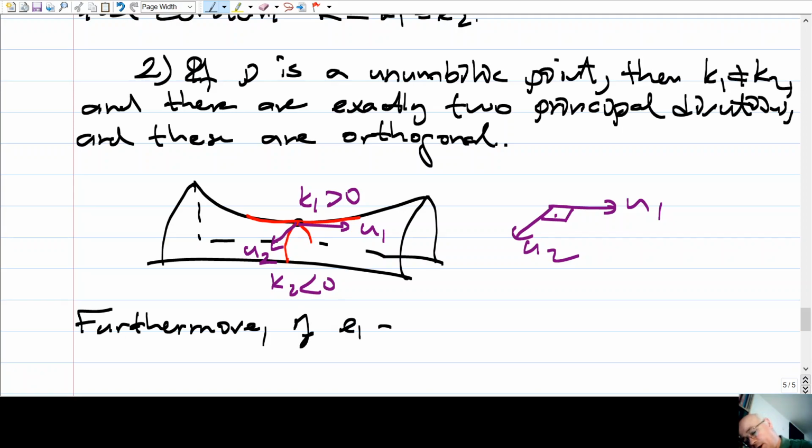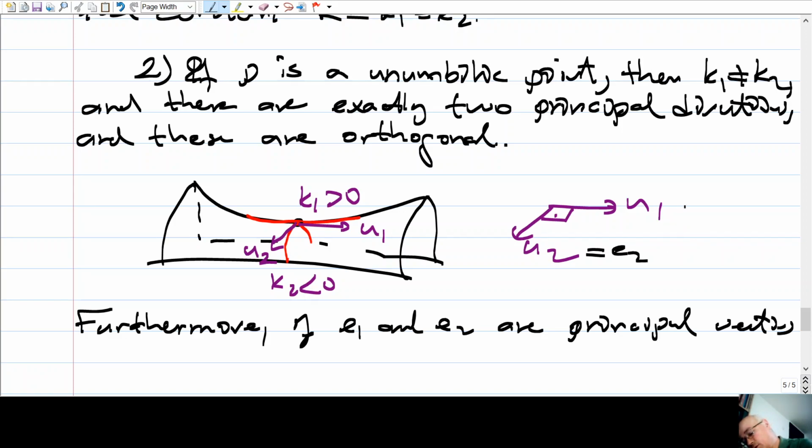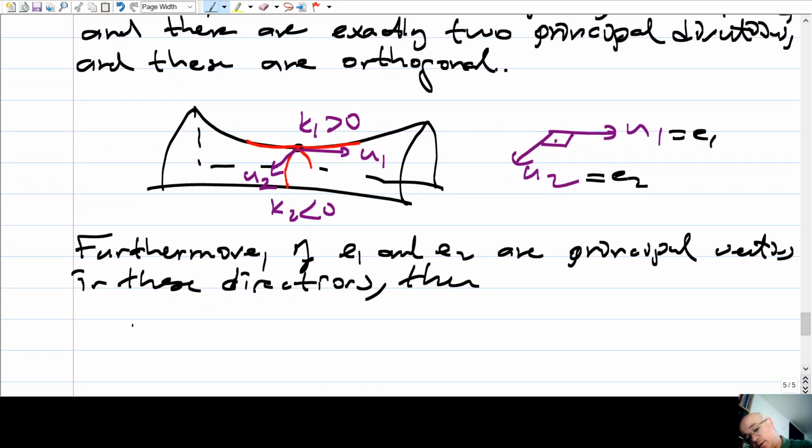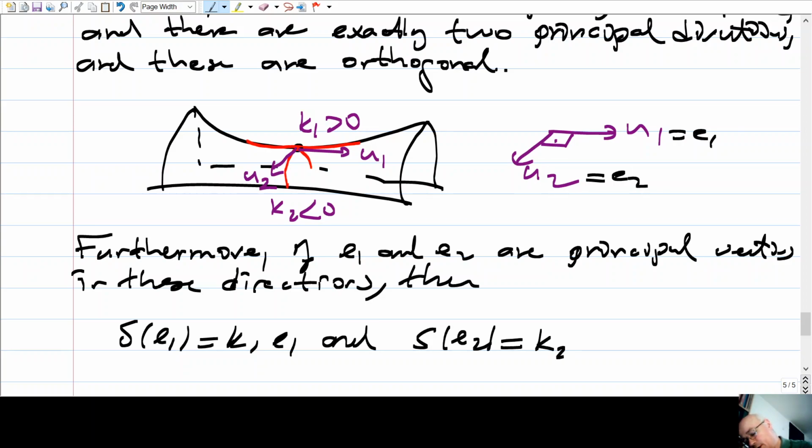If E1 and E2 are principal vectors, so these are my E1 and E2, in these directions, then S of E1 is just k1 times E1 and S of E2 is just k2 times E2. All right, so this is the statement.